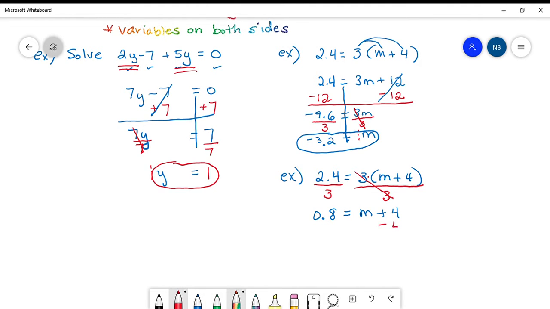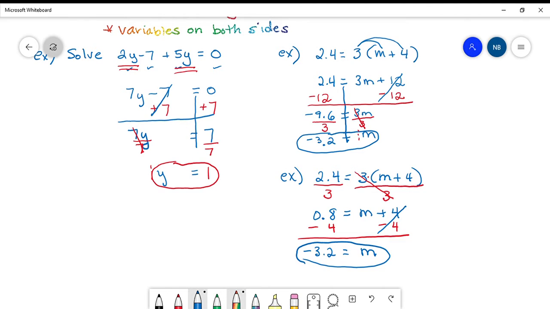Now I can subtract 4 from both sides because 4 minus 4 makes 0. That leaves m by itself, and 0.8 minus 4 is negative 3.2.